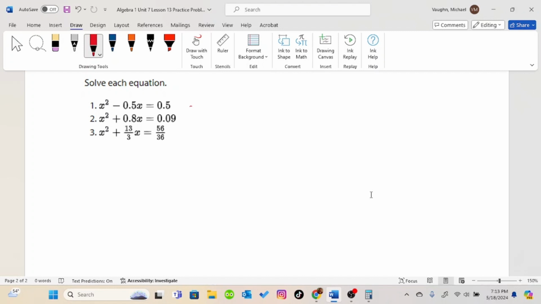As we look at number 1, we want to use the negative 0.5, that is the b term, and we want to divide it by 2. So if we take negative 0.5 and we divide it by 2, we get negative 0.25. That is what will go inside our factor.